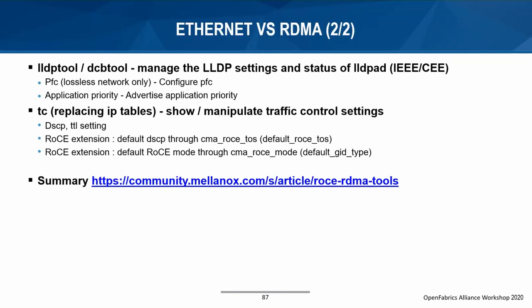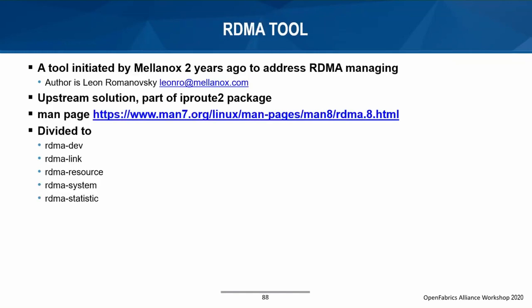Thank you. No problem. So if you can move to the next slide, please. Okay, so now I'll talk about the RDMA tool. It is a tool that we started about 2 years ago. I think that Jason talked about it last year or the year before that. And Leon is doing all the submissions there and is managing the tool.